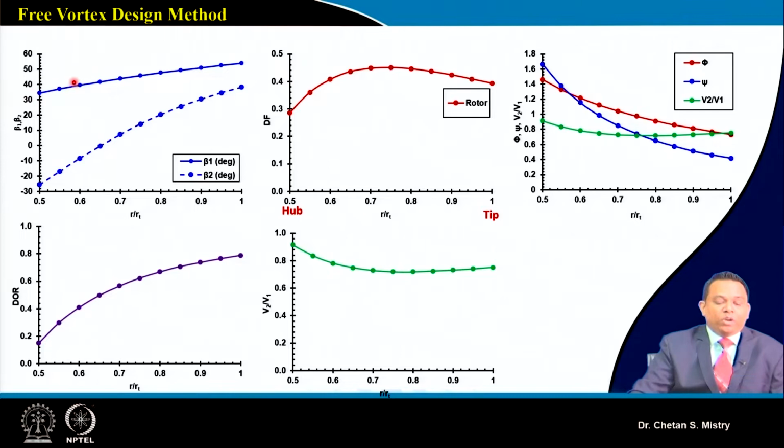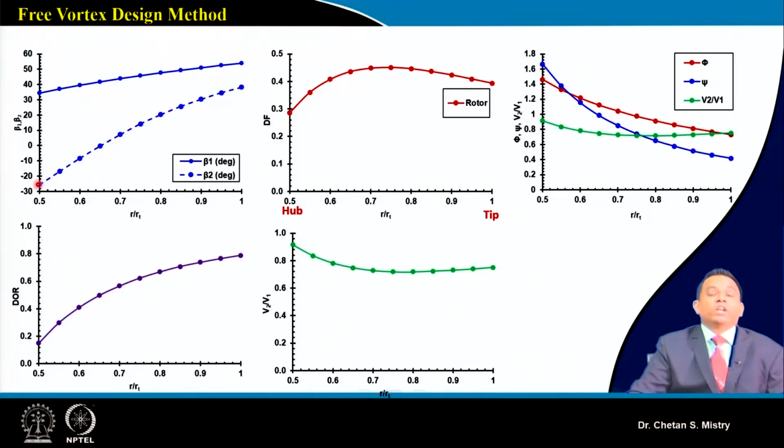Here, this is representing the variation of my beta 1. Beta 1 is varying as we have discussed, it is Ca by U, that means with the change of radius I will have the variation of beta 1.